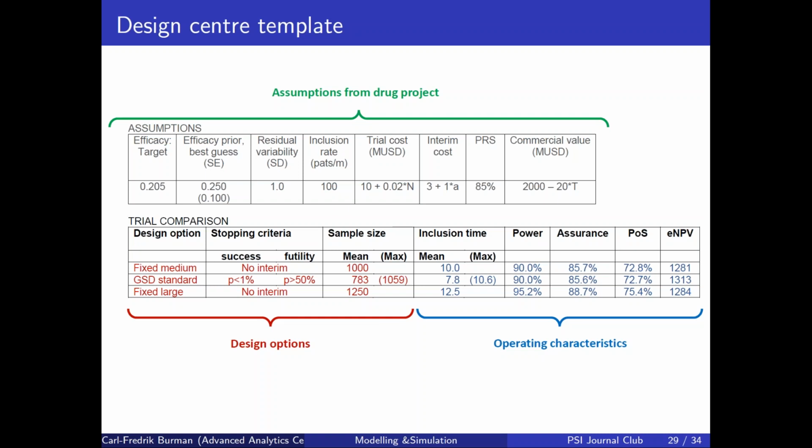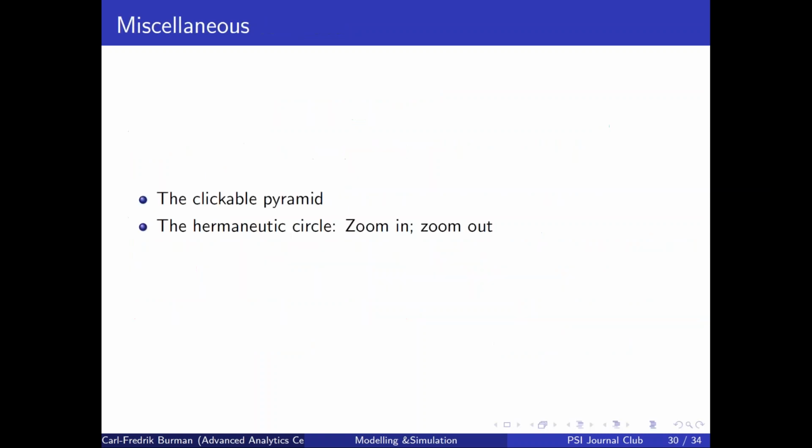We have the design options, that's one part, and then the operating characteristics, the end result. And then we can compare the different options, and we have transparency in the assumptions going into this. Another question is, are we using this in practice? No, not usually, but at least it's a good framework.